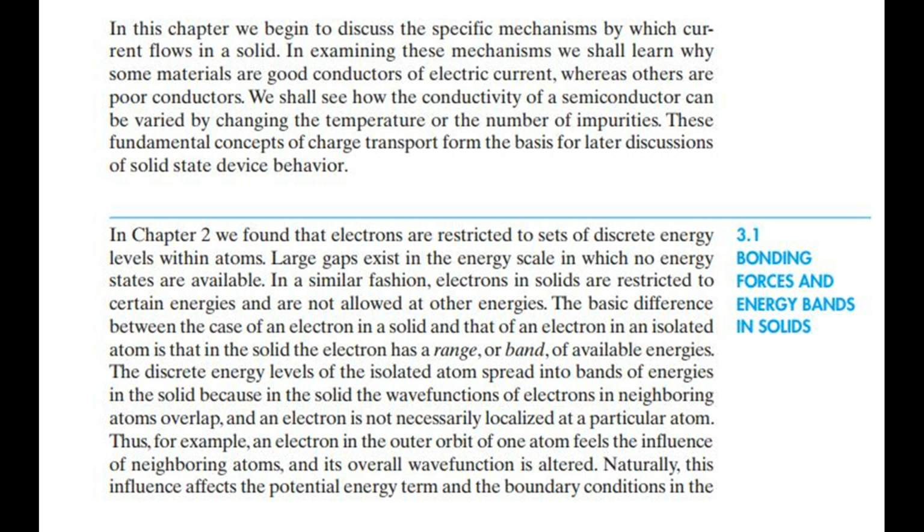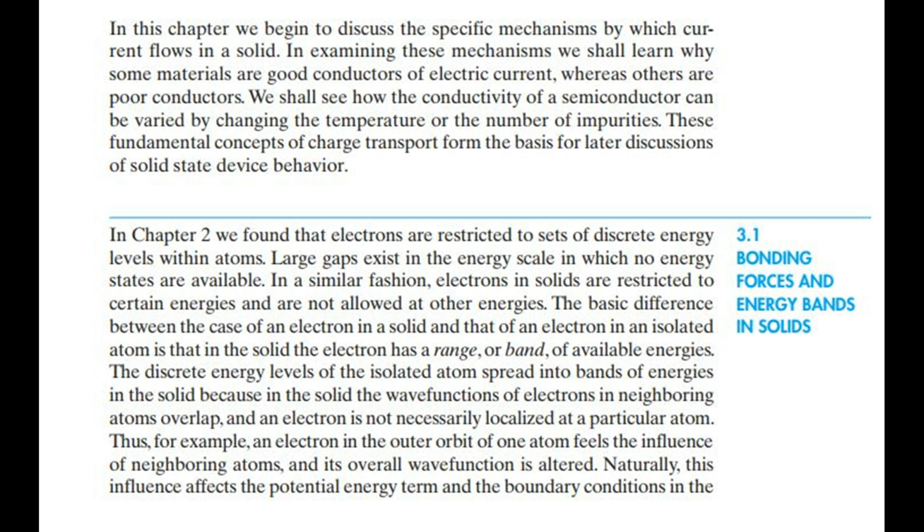The discrete energy levels of the isolated atom spread into bands of energies in the solid because in the solid the wave functions of electrons in neighboring atoms overlap, and an electron is not necessarily localized at a particular atom. Thus, for example, an electron in the outer orbit of one atom feels the influence of neighboring atoms, and its overall wave function is altered.